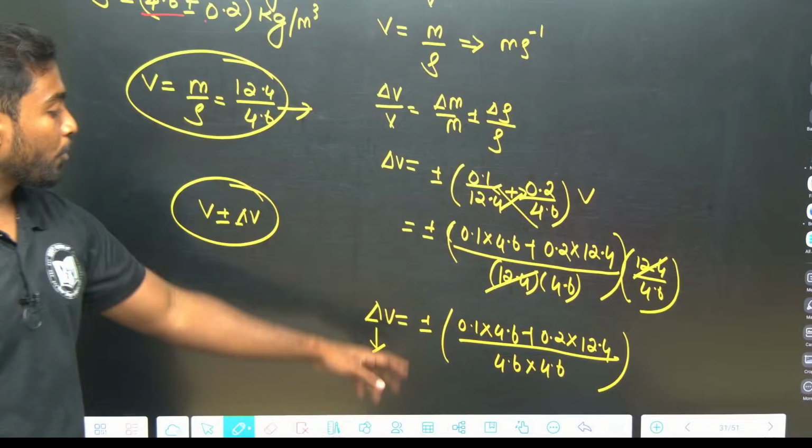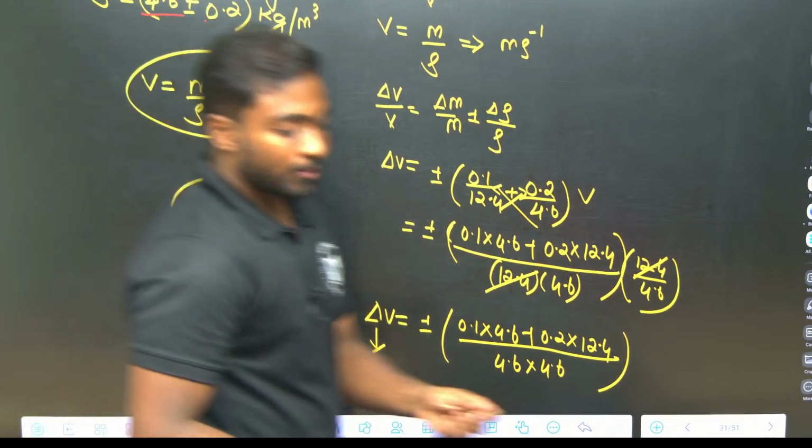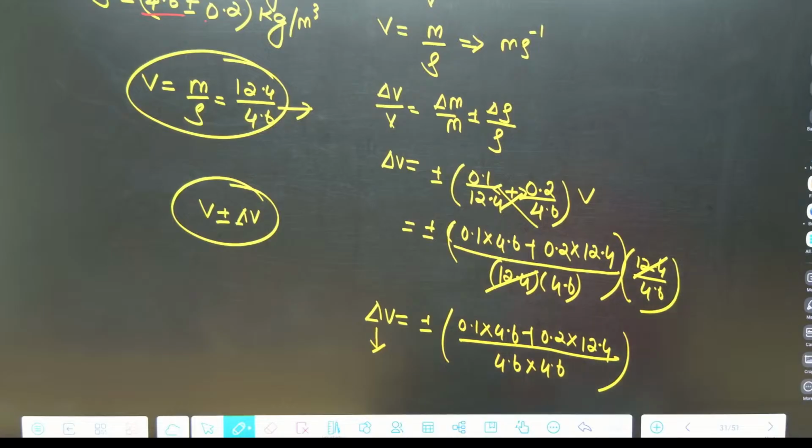Okay. Can I give the answer for both cases, V and delta V? So for 12.4 by 4.6, how much? 2.69.